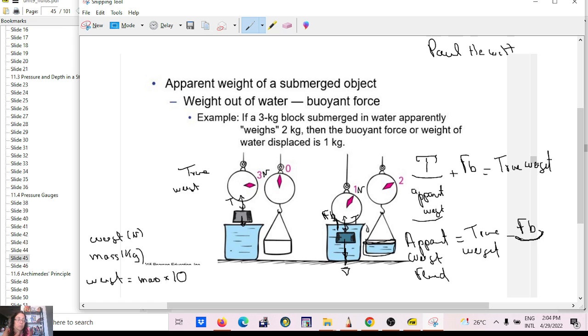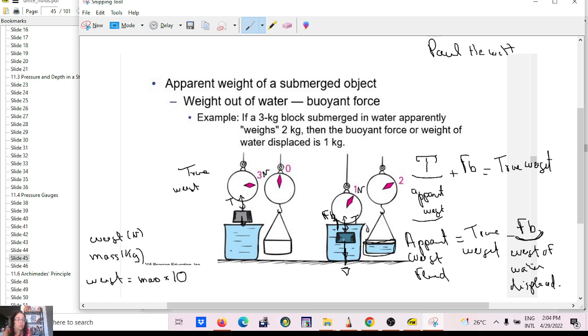And that buoyant force depends on how much water has been displaced. So it depends on the volume here. This volume equals that volume. So it's going to be the true weight of the water displaced.